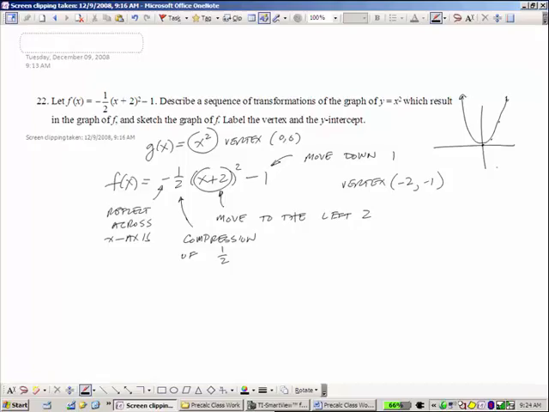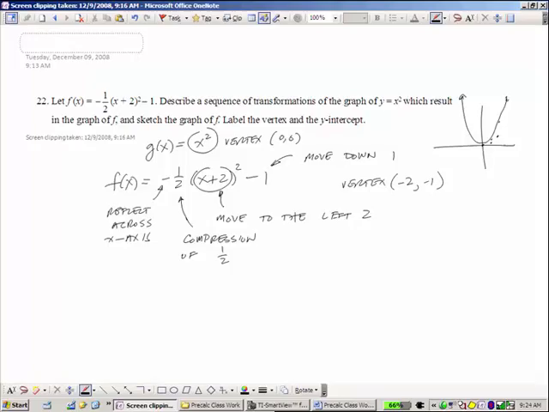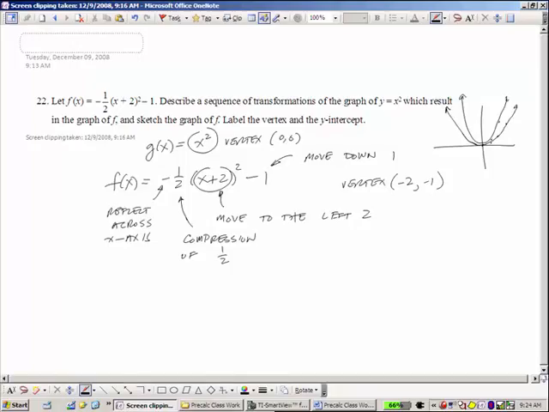Well, if we're going to compress it by 1/2, that just means that the y values are going to be half as big. So instead of 1, 1, it's going to be 1, half. Instead of 2, 4, it's going to be 2, 2. Instead of 3, 9, it's going to be 3, 4.5. So all those y values are going to be half as tall.